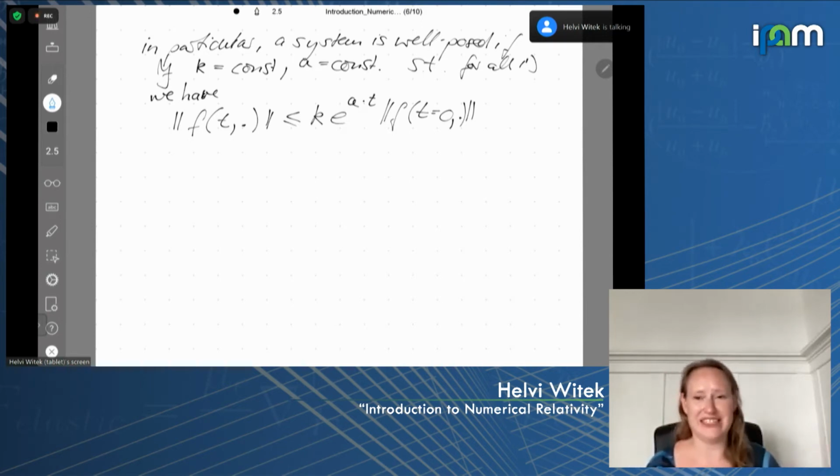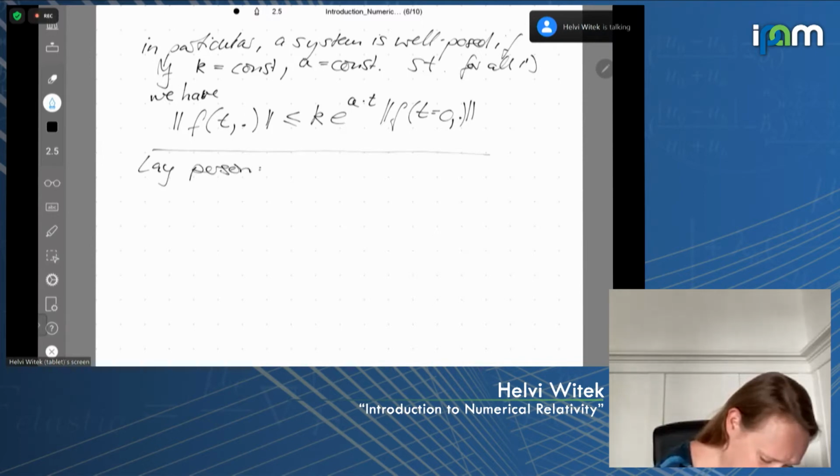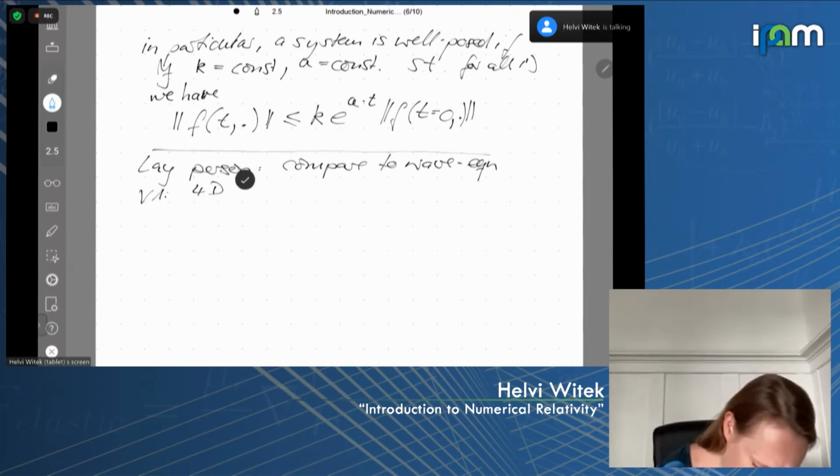And that's, as I said, a layperson's view on this topic. Let me do this in 2 steps. So version 1 will be just in full 4 dimensions, and I will have Einstein's equations here on the left, and I will have the scalar wave equation here on the right.